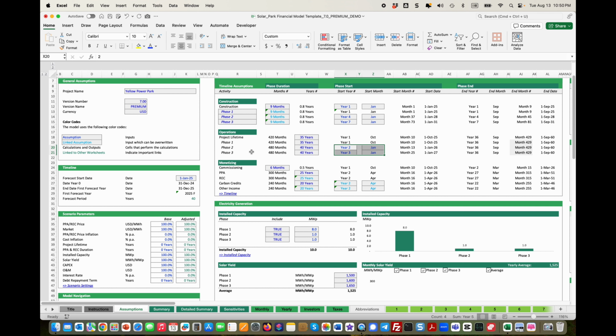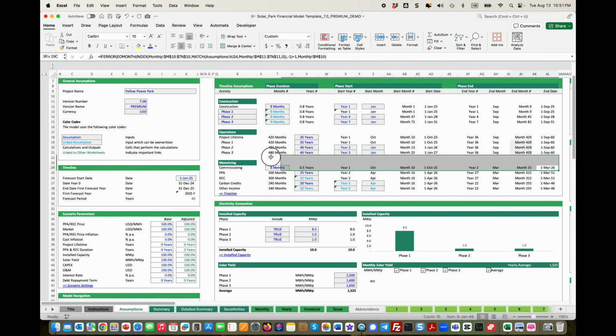When the construction is done at the very beginning, the park is built, but it's not being commissioned yet. There is a commissioning period where all the specs will be checked to make sure that the park runs as expected. So there's a period of a couple of months, and this comes before a power purchase agreement is put into place.